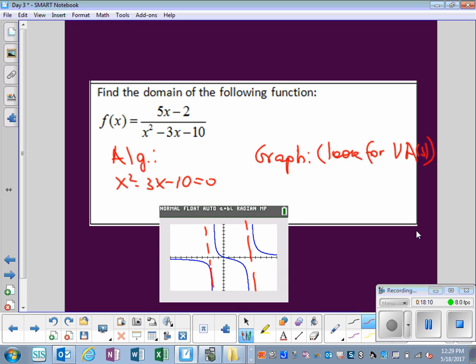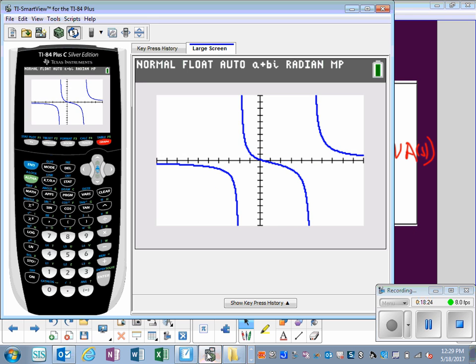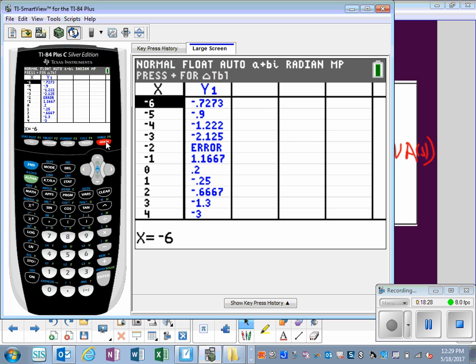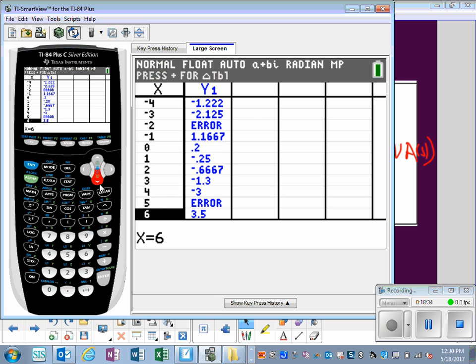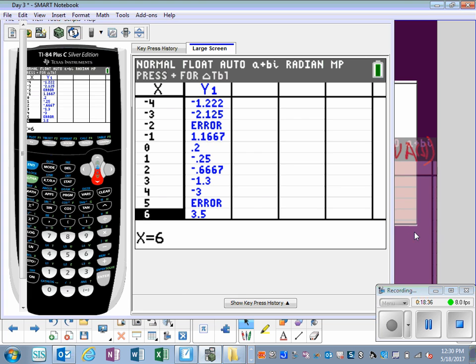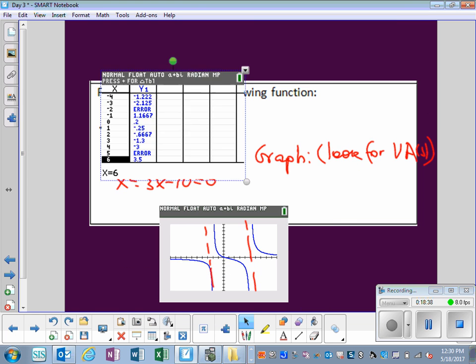Again, just to make sure that they're not fractions or anything, I could go and check my table. So I'm expecting errors around -2 and positive 5. Right, so if I go back to my calculator and look at the data table, -2 is error, just as I expected, and let's see around 5. 5 is also error. So that's exactly what I found on my graph.